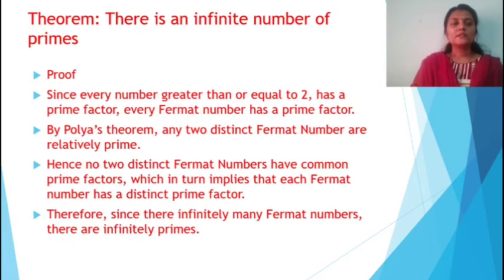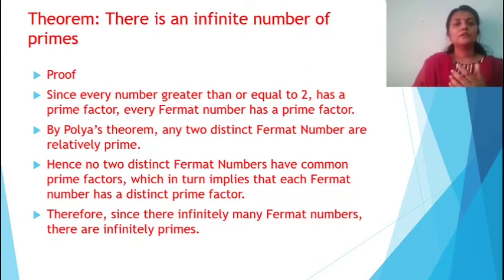Now the next concept is we have one more theorem. There is an infinite number of primes. We have already learnt to show that the primes are infinite by the contradiction method. Assume that the primes are finite, p_0, p_1, p_2, etc., p_n.